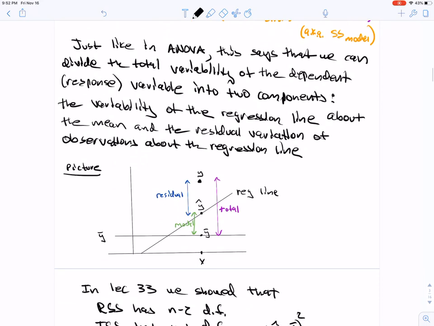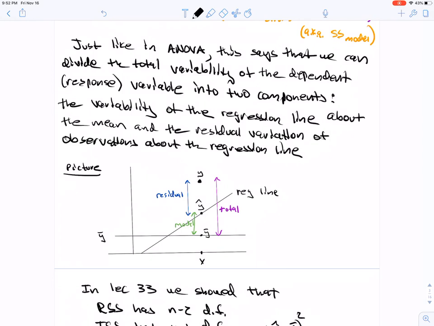So in a picture here, we can see that the variability of y about the mean is equal to, well actually, the distance here is equal to, as you can see, the distance of y to y hat plus the distance from y hat to y bar.